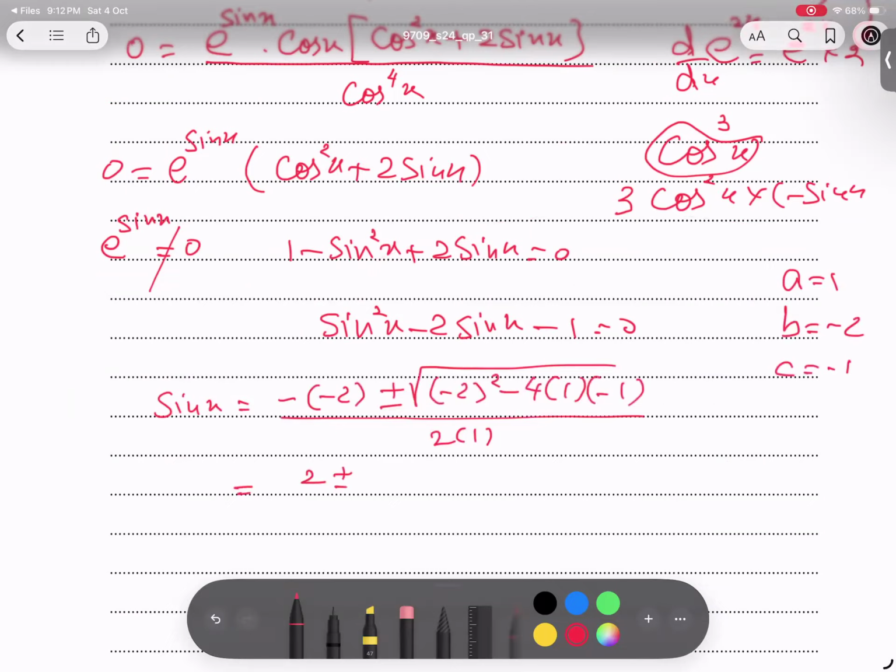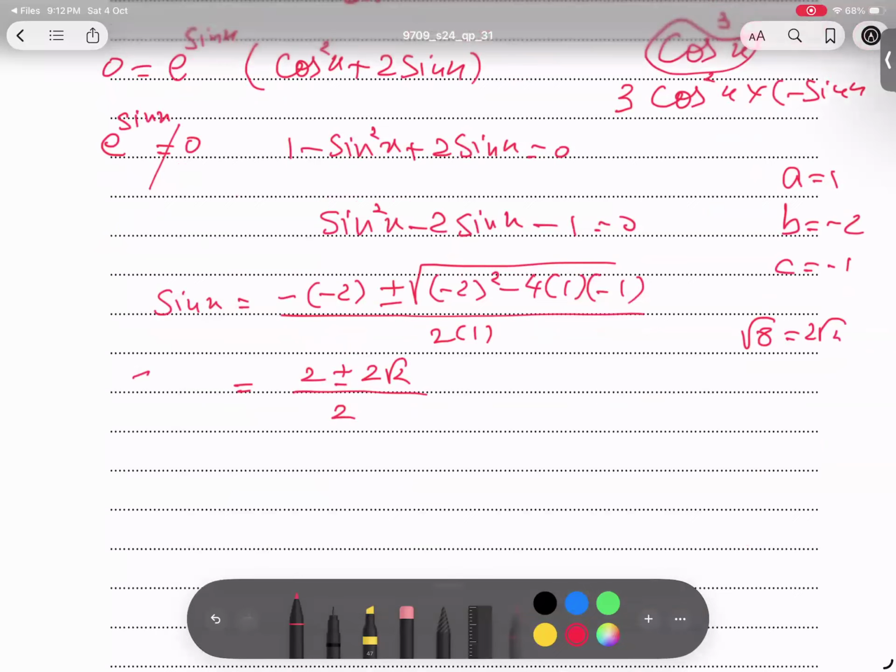And I got 4 plus 4, 8, 2 root 2. Because root of 8 is 2 root 2. And I got 2. So if I take 2 common from top, and the 2 common out, 1 plus and minus root 2 left inside, and that 2 cancels. So I'm just showing you directly. So sin x is equal to 1 plus root 2, and sin x is equal to 1 minus root 2.